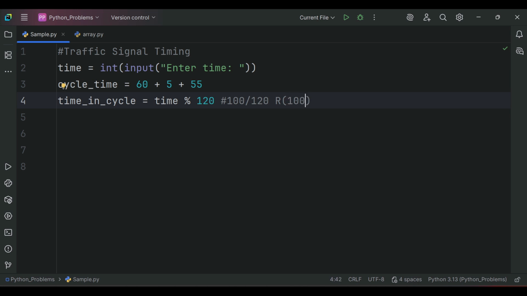At that time, what is the time? 100 means already 60 seconds crossed, 5 seconds crossed. At that time the red light will be on. Here the timing between 65 and 120, the red light will be on.